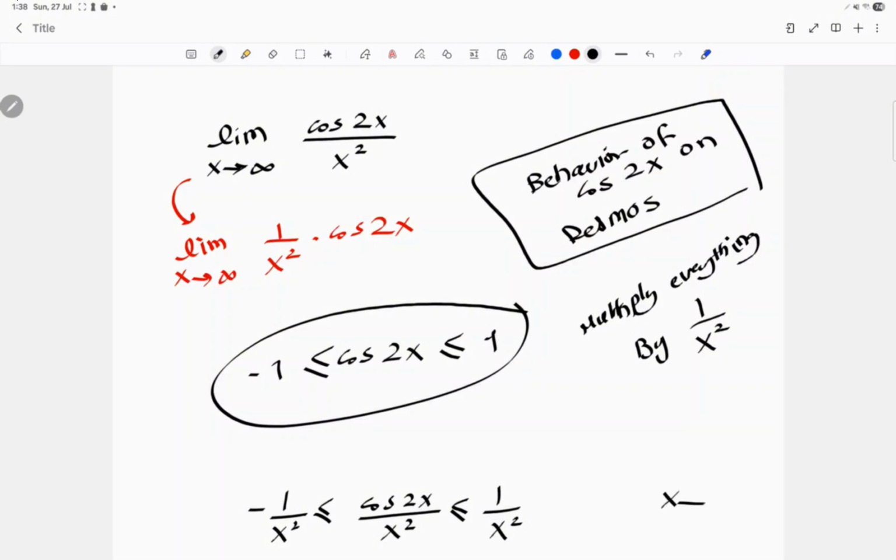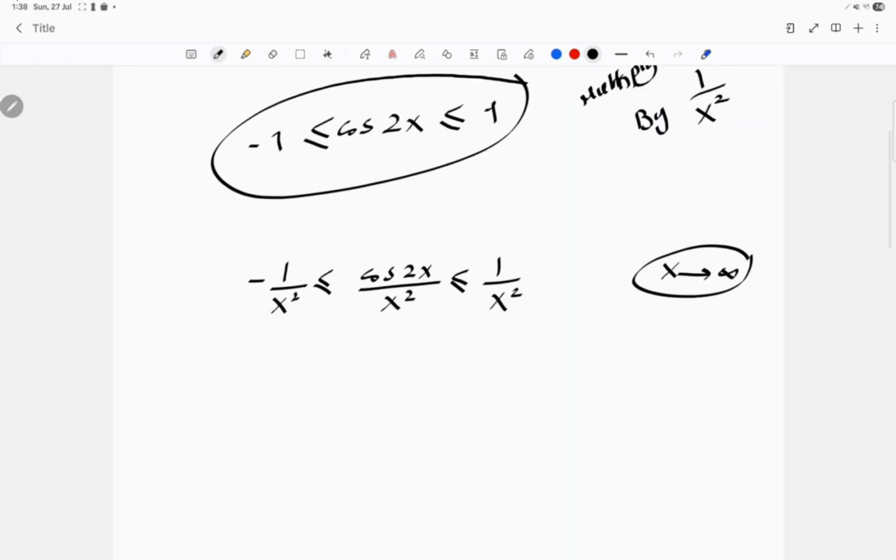Now, in the question, x is approaching what value? Infinity. So you're going to replace x with infinity. We're going to have -1 over infinity, cosine 2x over x squared, and 1 over infinity. Don't touch the middle term, only the ones on the edges. What's -1 over infinity going to give us? 0.